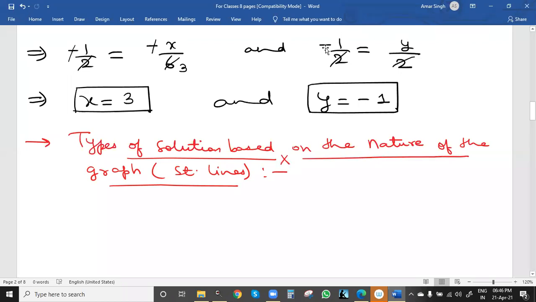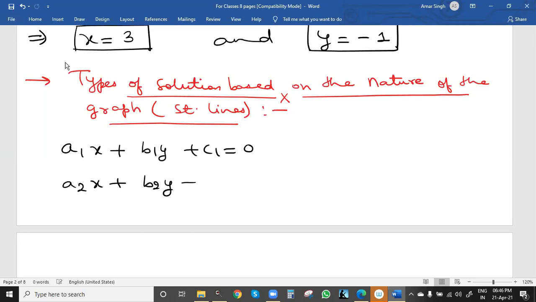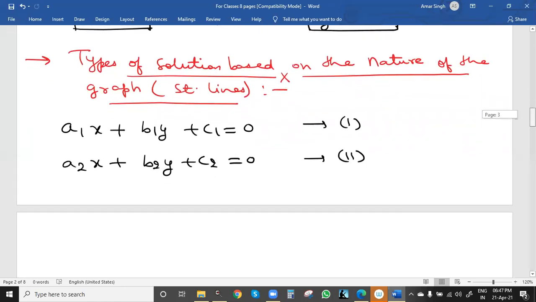We know already that we have two equations that can be written in standard form a1x plus b1y plus c1 equal to 0, and the second equation a2x plus b2y plus c2 equal to 0.